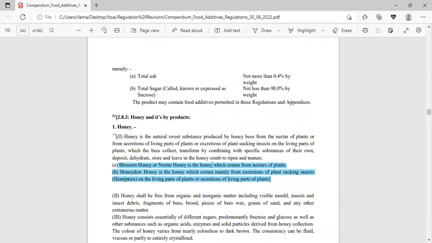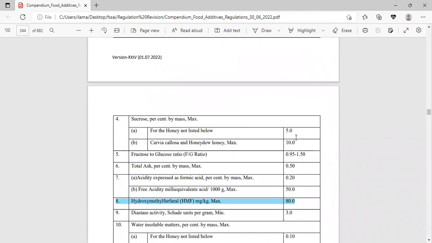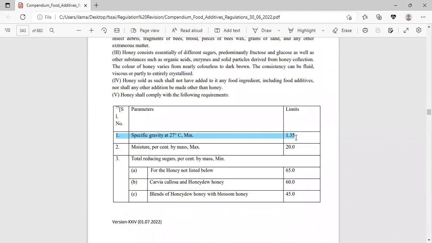Here honey, there are two types of honey. One is blossom honey and next one is honeydew honey. Here the specific gravity for honey is 1.35. Since specific gravity is unitless.